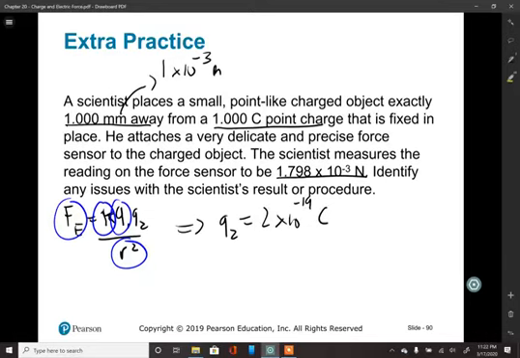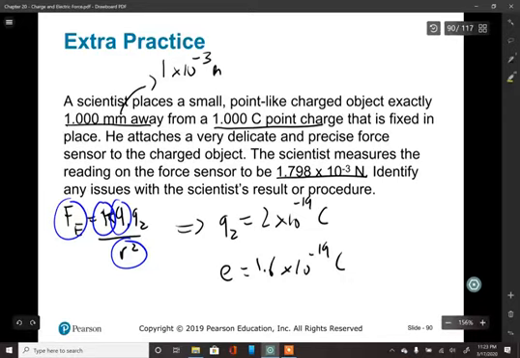And now we're getting somewhere, because if you remember, the fundamental charge, E, is 1.6 times 10 to the negative 19th coulombs. So that means that if that force sensor is correct, charge Q2 has to be 1.25 times the fundamental charge. And this is a problem, because that means that something is wrong.